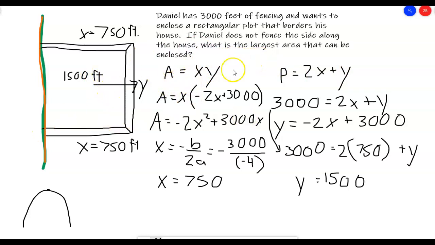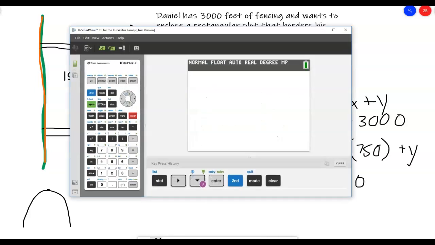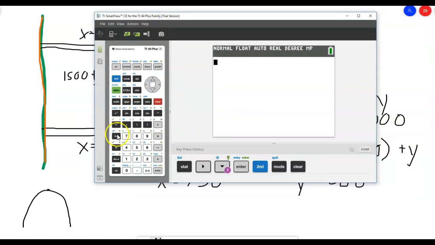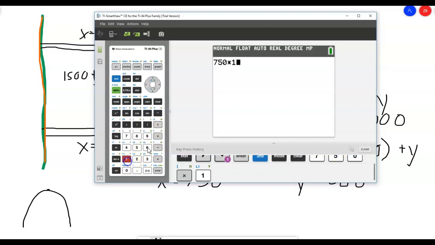So finally, to answer this question, I need to find the area of the maximum rectangle with 3,000 feet of fencing. Now I can pull up my calculator and say 750 times 1,500.